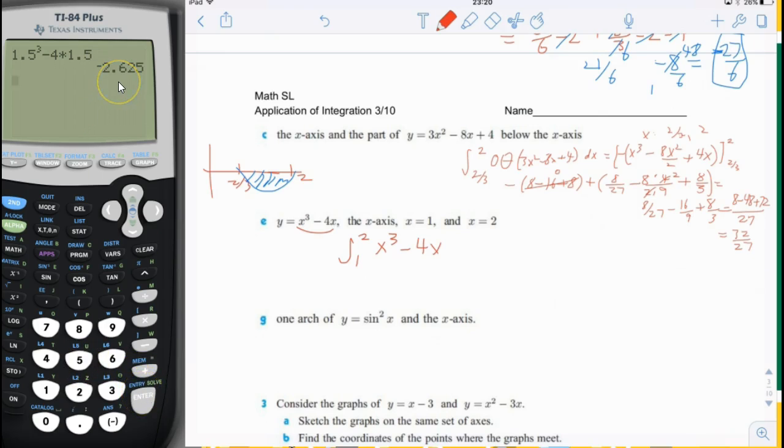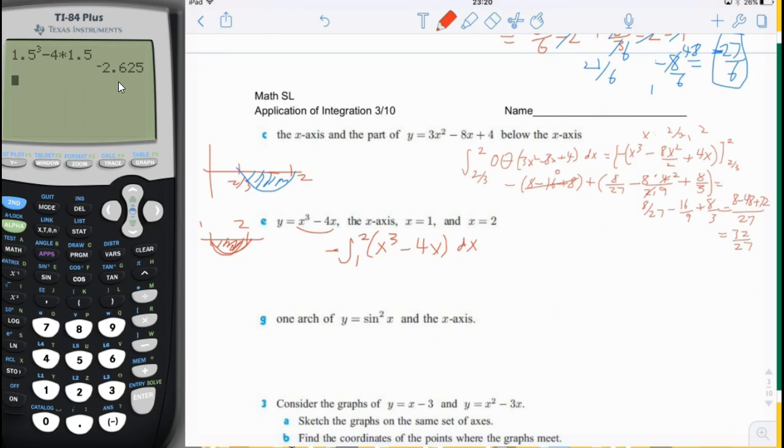And it's a negative number, so actually it will look kind of like this. Between 1 and 2, the graph goes below the x-axis. So since I'm going to get a negative number here for the area, I'm going to put a negative here to make it positive.